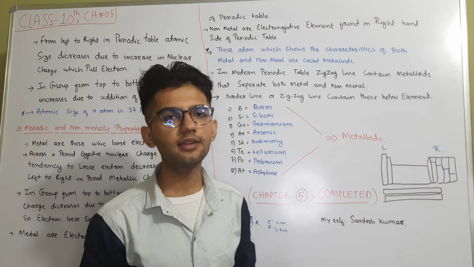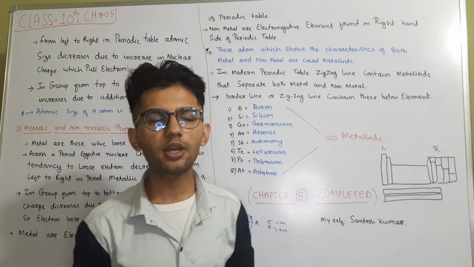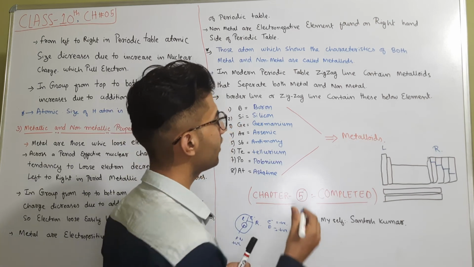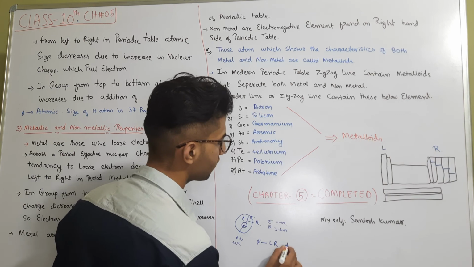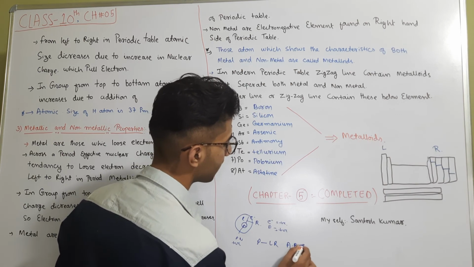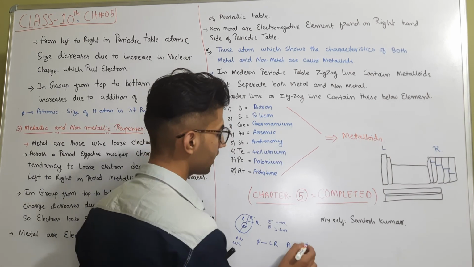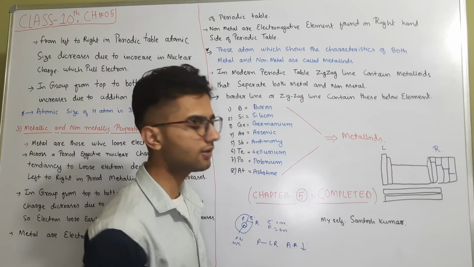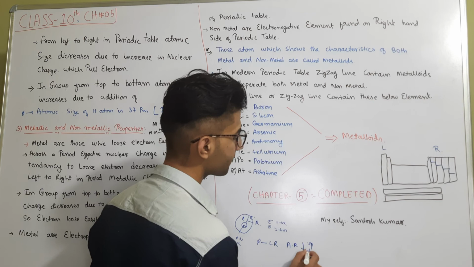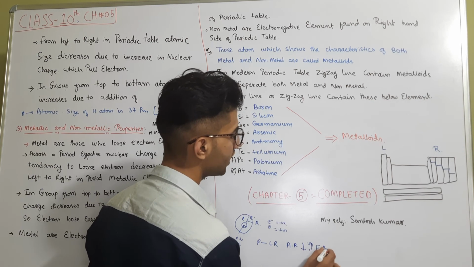Due to that reason the atomic size decreases, because the number of shells in a period remains the same. Why does the atomic radius decrease? Due to the increase in the effective nuclear force.